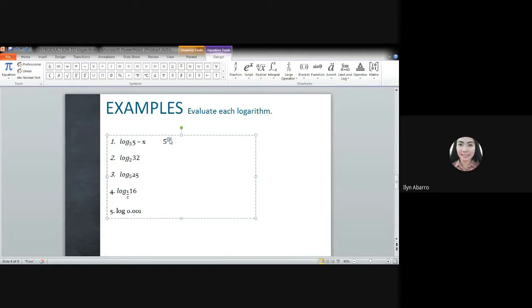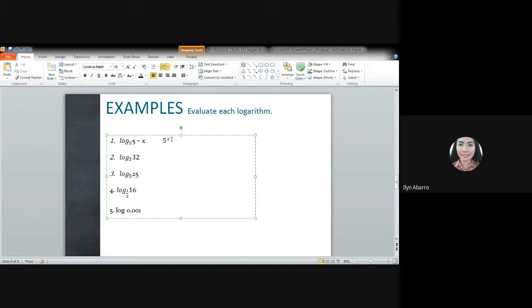Kaya we use the variable x to solve for the exponent. It is equal to, sorry, ayan, hindi ako makababa, 5 raised to x is equal to 5.